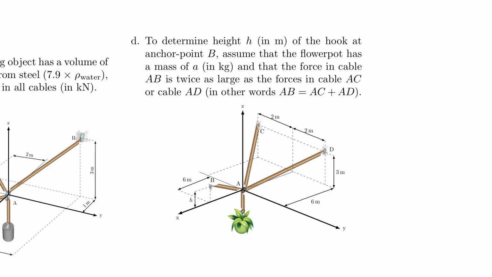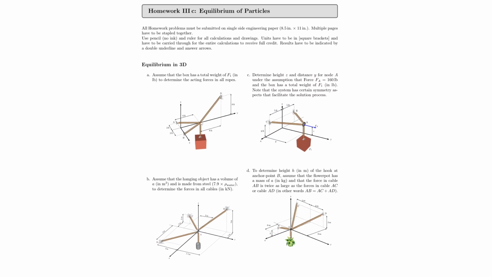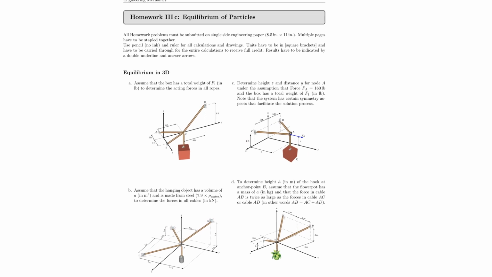So I believe this will help you. And here you have to reverse your logic, because you have to define the height of the anchor point B. That means you have to use geometric logic to hook this hook to the wall. But that concludes our homework overview, and I think you are now ready to tackle these problems.